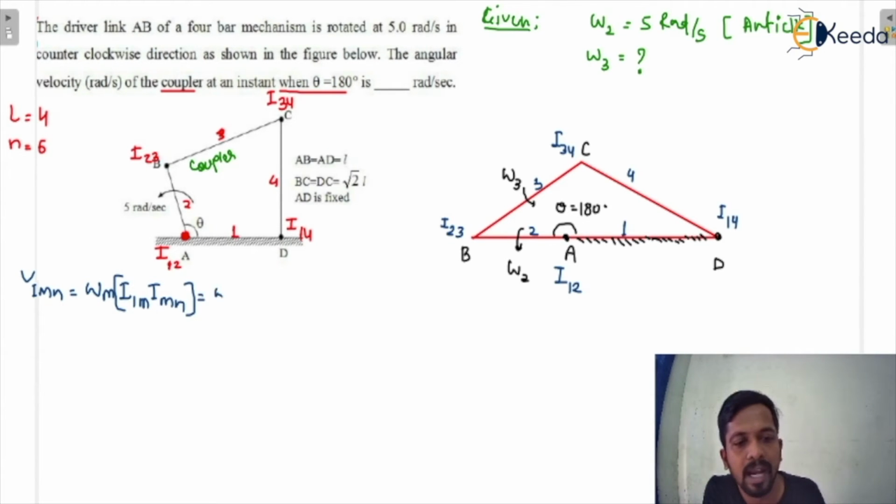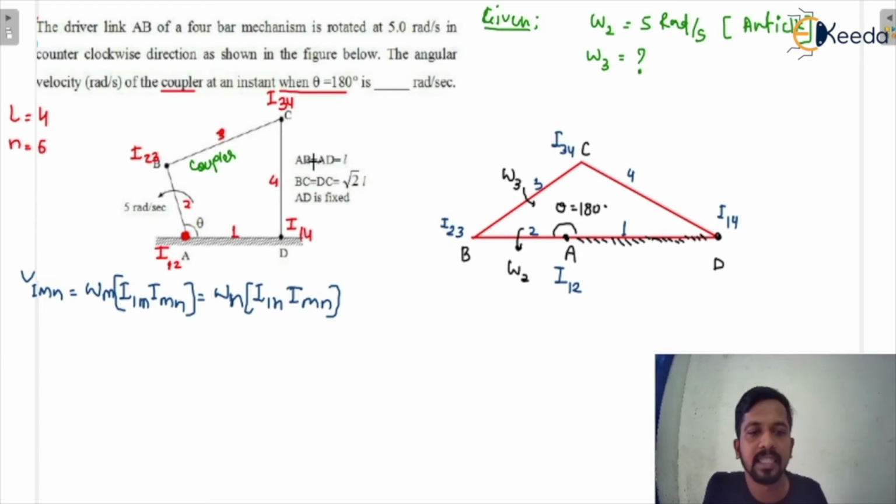That is equal to omega n times I1n Imn, because Imn can be treated as on link m and can be treated as on link n. So that's why it is equal. Now here there is data which is given, AB and AD.